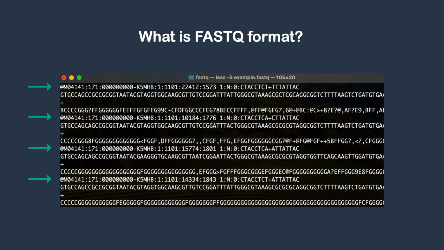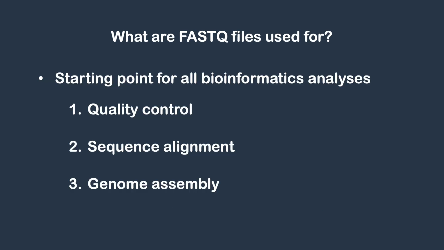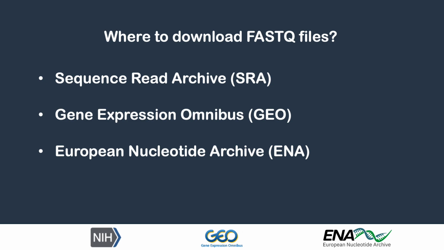So what are FASTQ files used for? They're the starting point for nearly all bioinformatic workflows, including quality control, sequence alignment, genome assembly, and many other downstream analyses. And if you don't have your own data yet, don't worry, there are plenty of places to download them. So where can we get FASTQ files?